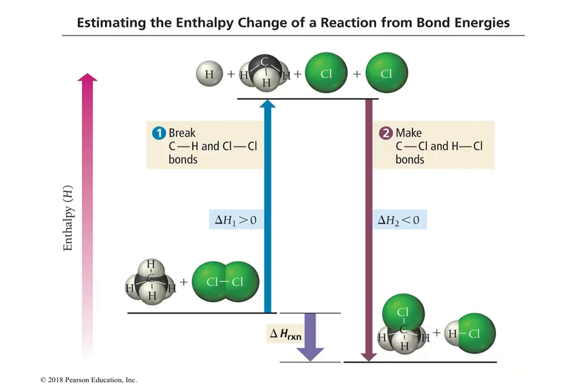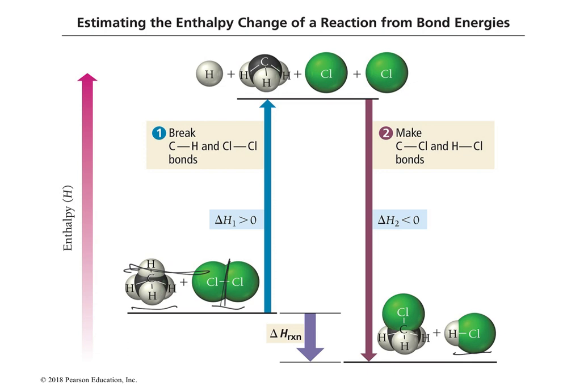If we look at this example here, we have methane, CH4, plus chlorine going to form chloromethane and hydrogen chloride. In order to create our products, we have to break off one of those hydrogen-carbon bonds and break the chlorine-chlorine bond.